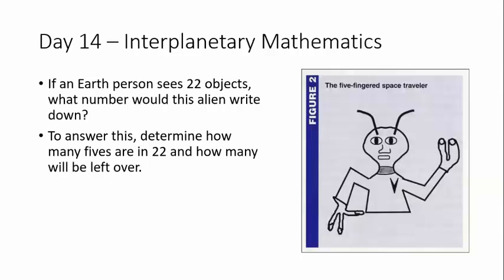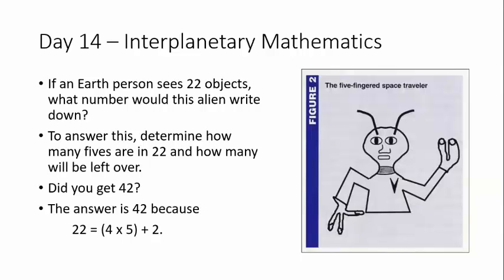How many 5s are there in 22? Did you get 42? There are 4 5s in 22 and 2 left over. So the alien would write down 42 because there are 4 5s and 2 left over.